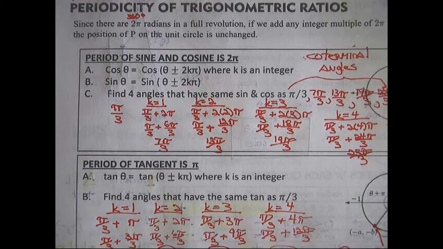So this distance right here from negative 2 pi over 2 to 2 pi over 2 is how far? Pi. That's pi units. So this is the period of tangent. Then the next pi units, it repeats. The next pi units, it repeats.